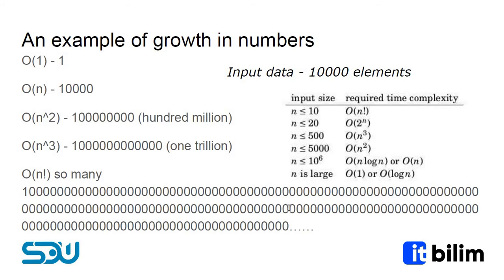For example, let's imagine that we have 10,000 elements, and if we do some operation in some algorithm which costs O(1), it will be only one operation. When we execute some algorithm which costs O(n), it is 10,000, and also when we do it in some algorithm which costs quadratic complexity, so number of operations will be.